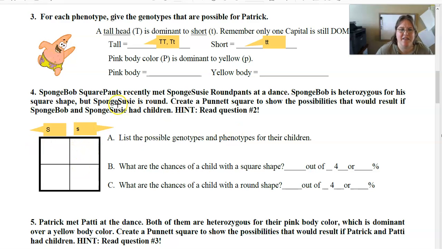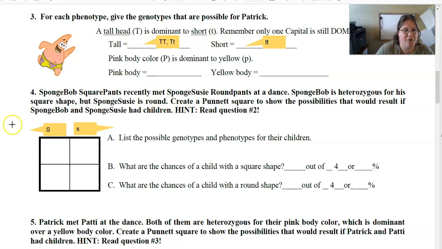Now, what does it say that Sponge Susie is? Sponge Susie is round. If you went back up to question number 2, what would be round? Well, round would be two little s's, because it's homozygous.